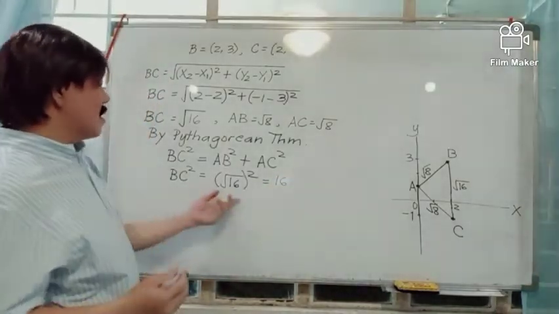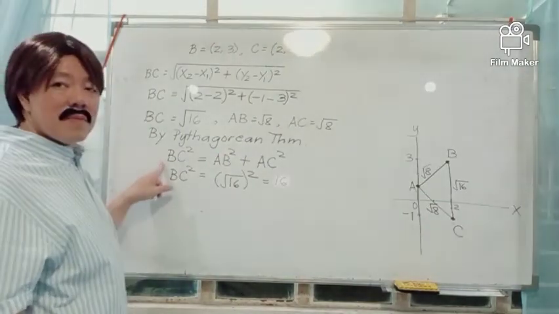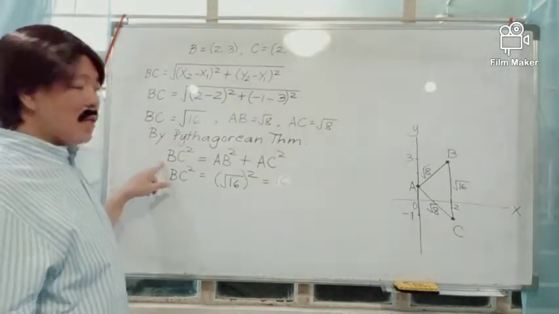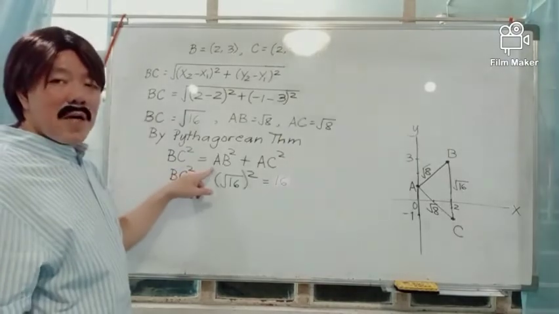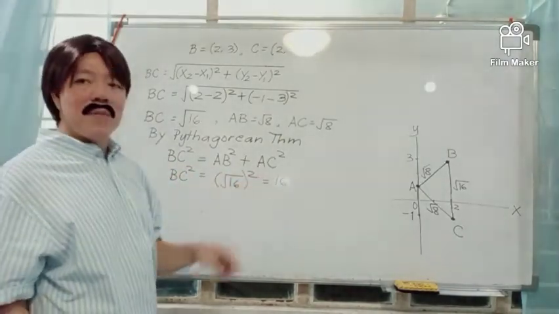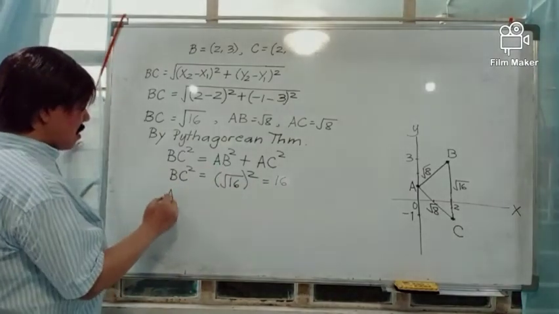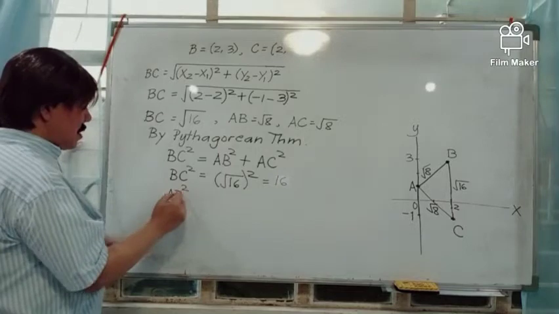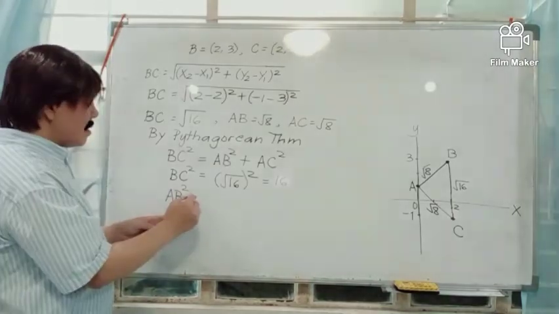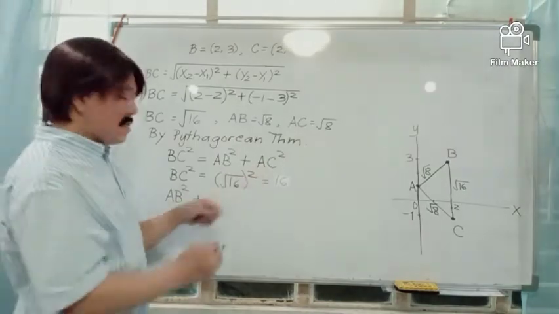This is the left-hand side of this equation obtained by Pythagorean theorem. Now we find the value of the right-hand side. We find the square of the distance between A and B plus the square of the distance between A and C.